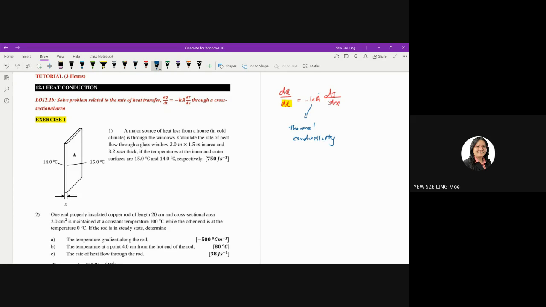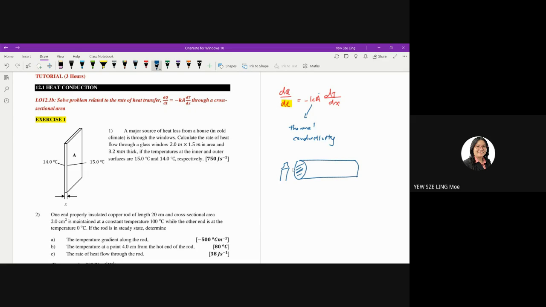Now again, what does cross-sectional area mean? It is the surface area that is perpendicular to the direction of heat flow, the surface in direct contact with the heat. For example, this is my object, a rod. This surface is in contact with the source of the heat, so you heat it up from this end.